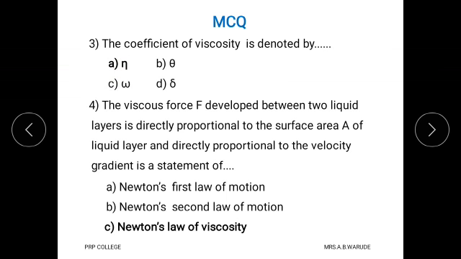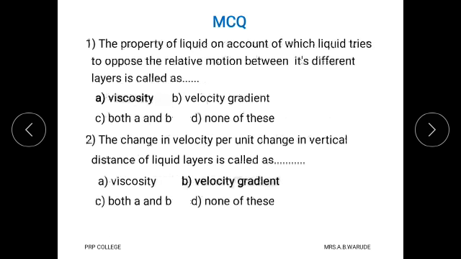Question number 4: the viscous force developed between two liquid layers is directly proportional to the surface area of the liquid layer and directly proportional to the velocity gradient. It is a statement of. Option A is Newton's first law of motion, option B is Newton's second law of motion, and option C is Newton's law of viscosity.